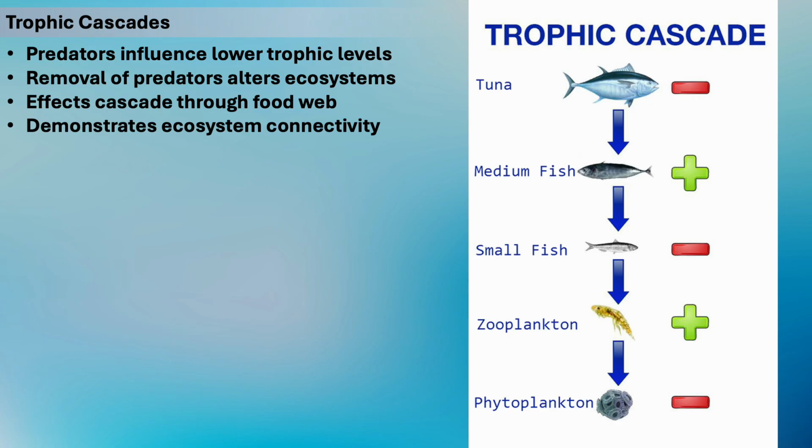When these predators are removed, the balance of predator-prey interactions may shift, leading to changes in the structure of the ecosystem. Understanding trophic cascades helps scientists interpret how ecosystems respond to environmental change and human impacts.